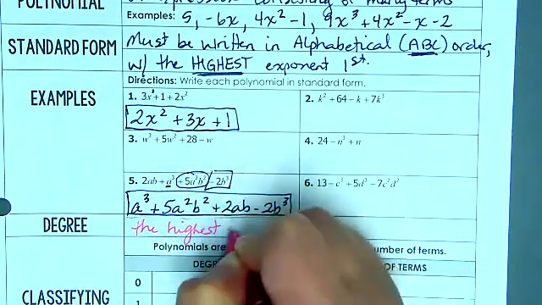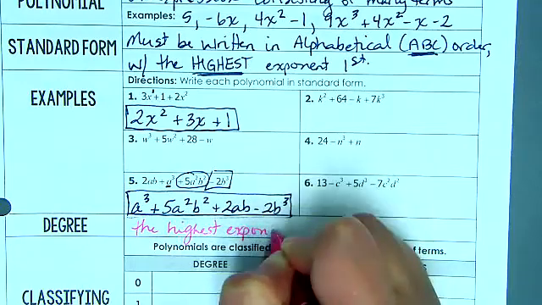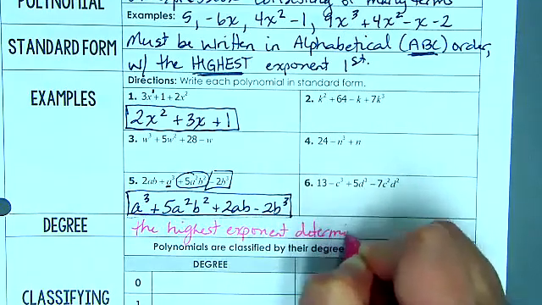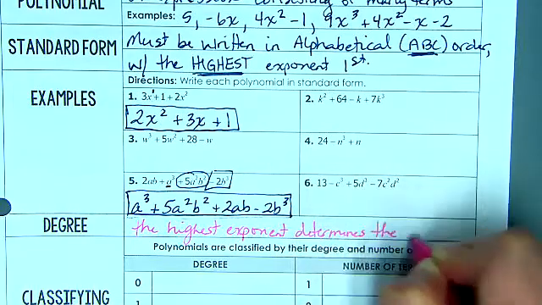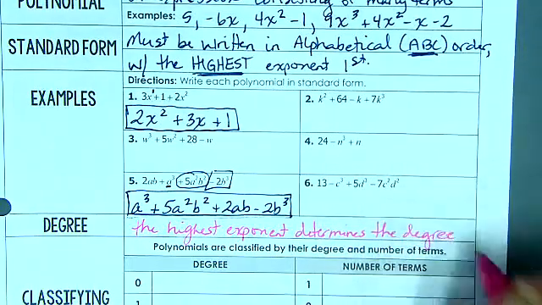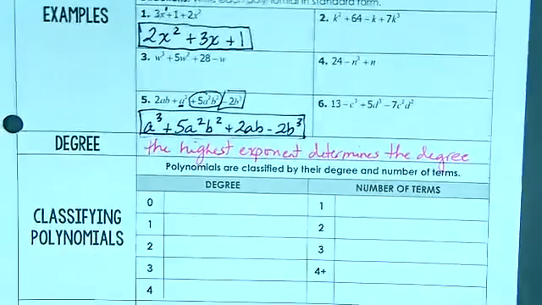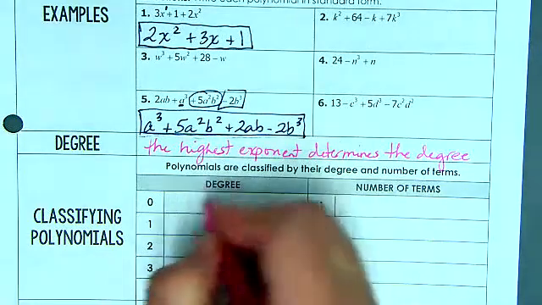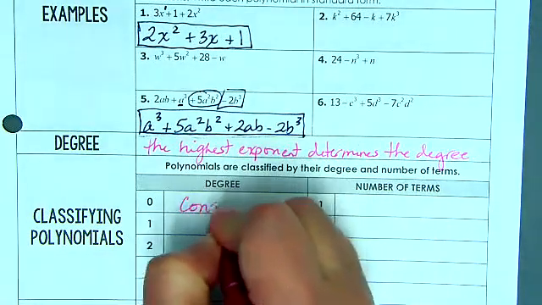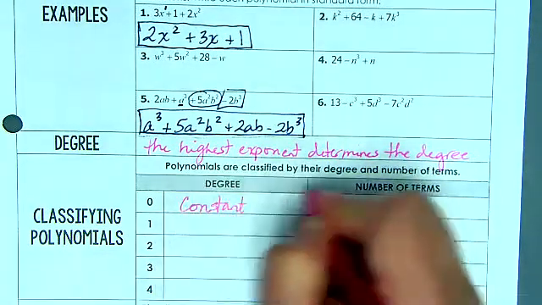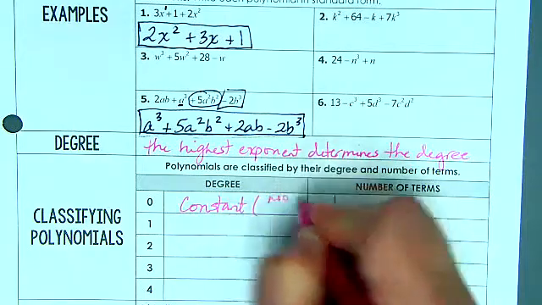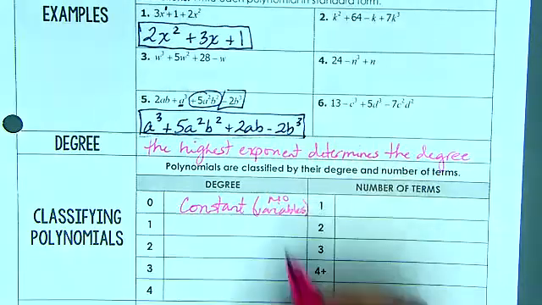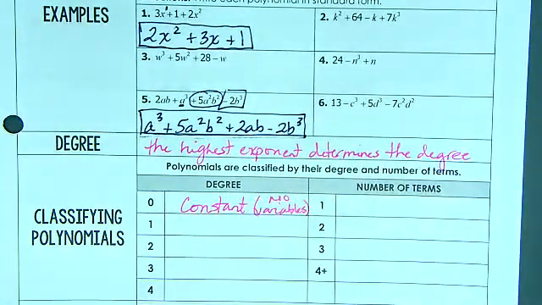The highest exponent determines the degree, and it's also what we label it by. So if the degree is 0, that means it is considered a constant. There are no variables. When it's a constant, it's just the number by itself.